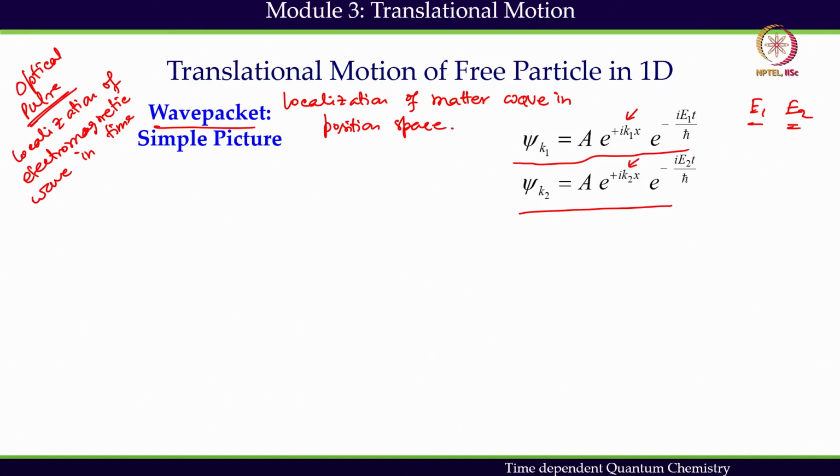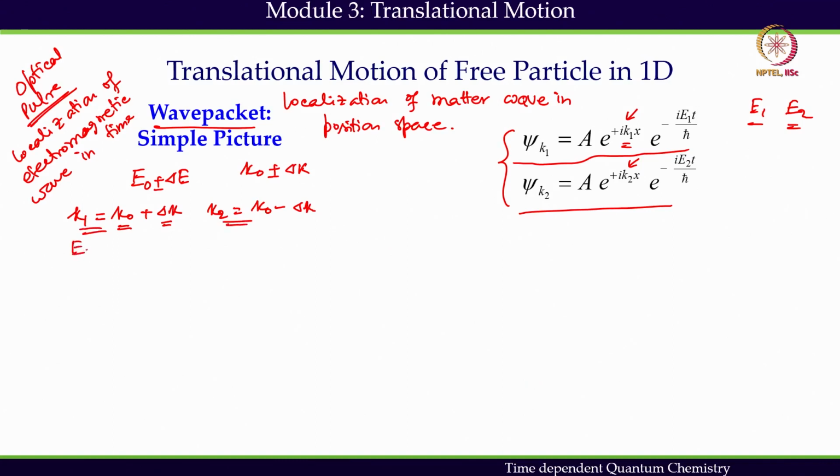And due to this interference there is an average value, that is E naught plus minus delta E. Another one is K naught plus minus delta K. So, I will assume that K1 equals K naught plus delta K, some average value plus the difference, and K2 equals K naught minus delta K. If I represent it this way, it will simplify the mathematics.